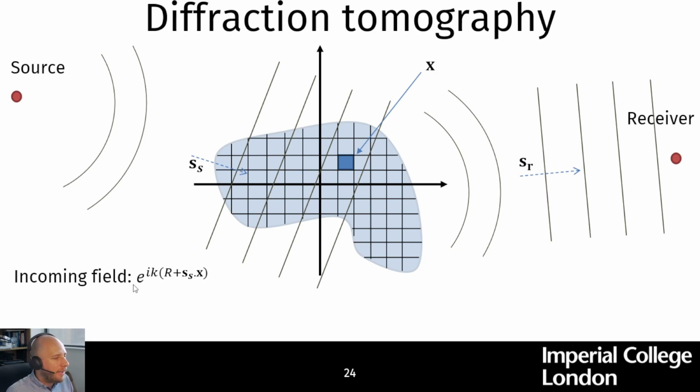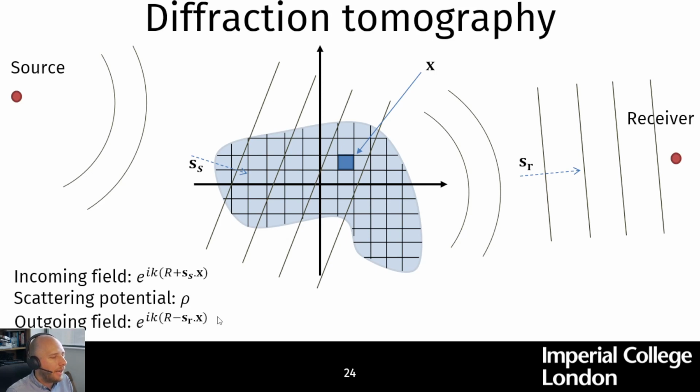So we can calculate our incoming field in the frequency domain just using this plane wave approximation. We then have scattering potential rho from this one particular point, and we've then got the outgoing field from that point, pretty much as we had before.